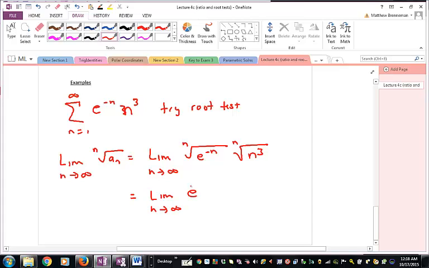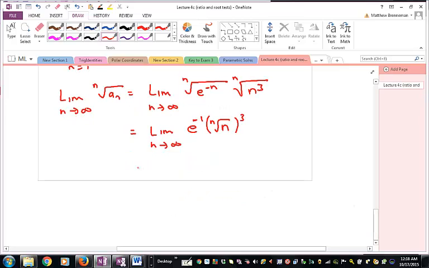This first term becomes e to the minus 1. And the next term becomes the nth root of n raised to the third power. Okay? And now we can go ahead and factor the e to the minus 1 out, and there's nothing there.